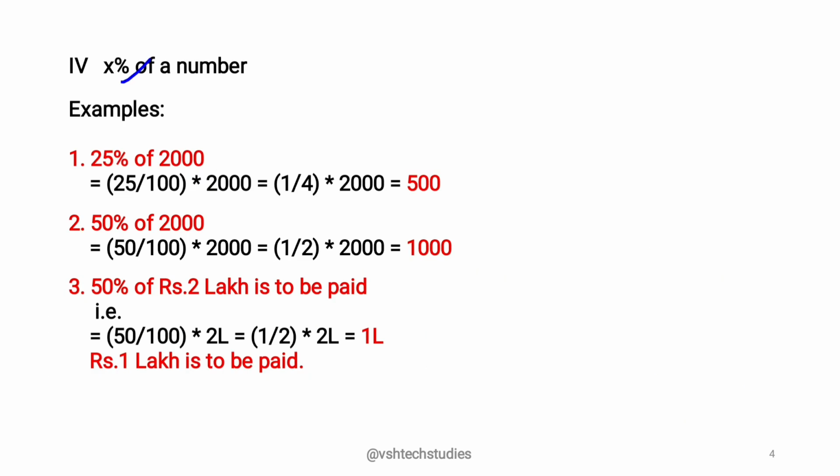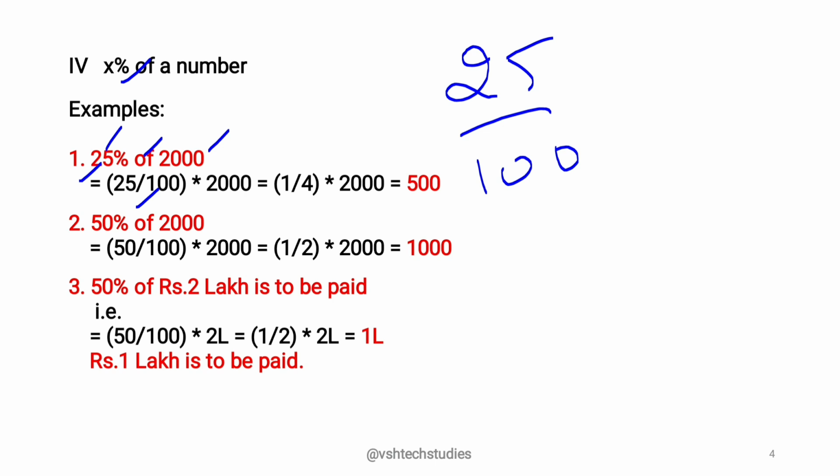Next, what does x percent of a number mean? Let us take some examples. The first one, 25% of 2000. 25% means 25 upon 100. Of means multiplied by. So 2000 is the given number, which is 2000 upon 1.